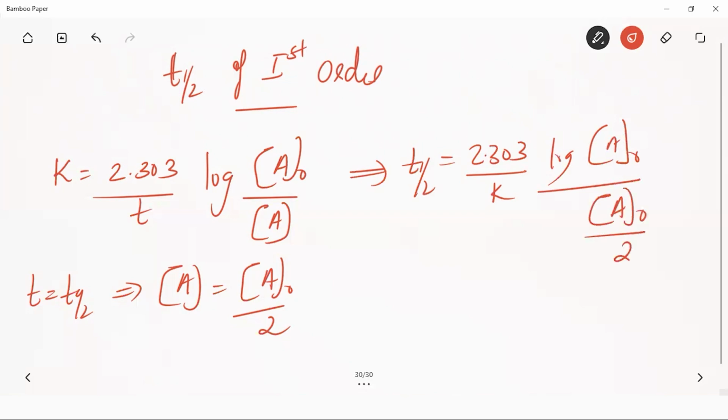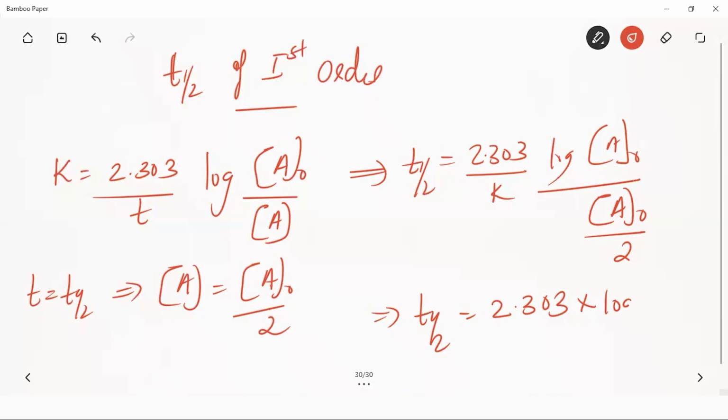2 will go up and A0 cancels. You will be getting T half is equal to 2.303 log 2 over K. There is a particular value for log 2.